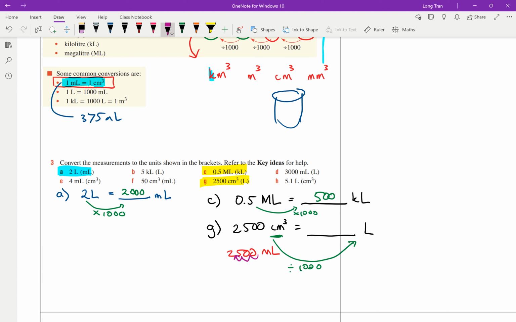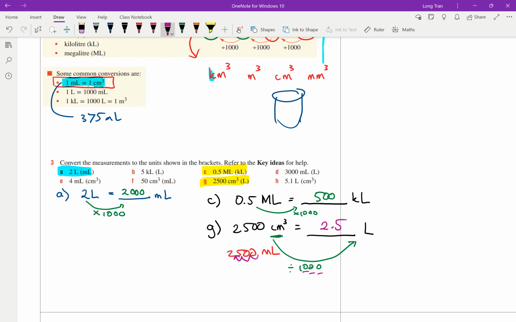Very good. Because there are 3 multiples of 10 there, we're dividing it by 10 3 times. So we're moving the decimal point back to the left 3 times. That's 250. Do another one. That's 25. And another third one. That's now 2.5. So it is 2.5 liters. Okay, so there were 2 steps there. And that relied on the fact that you knew 1 mil is equivalent to 1 cubic centimeter.